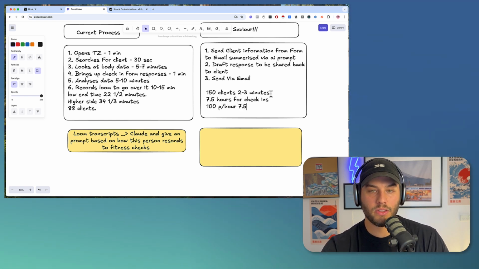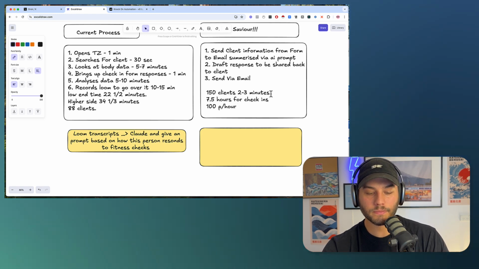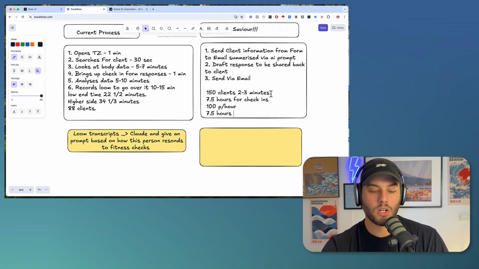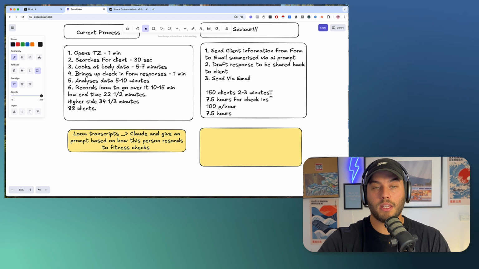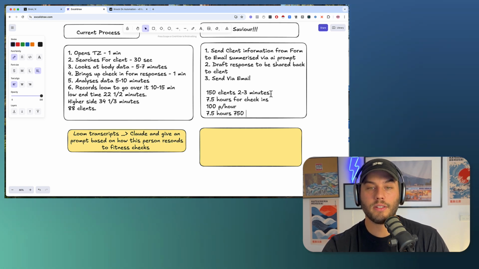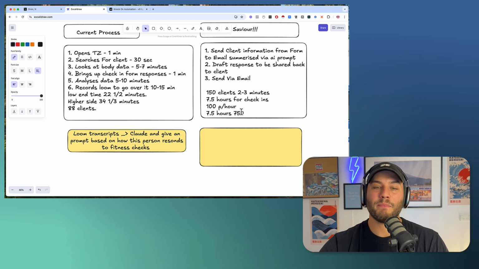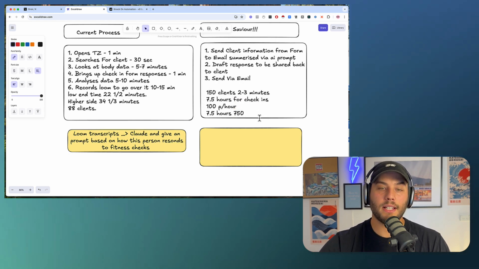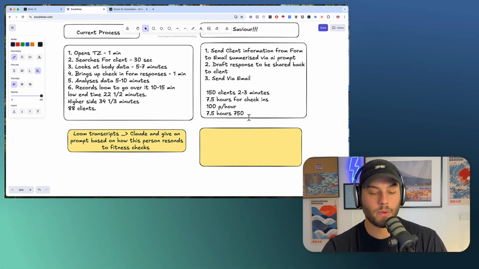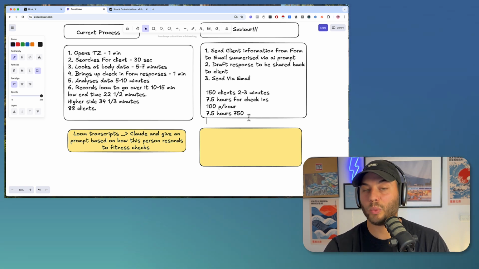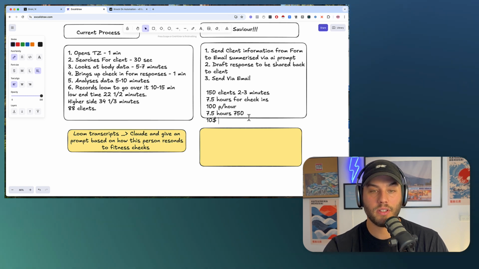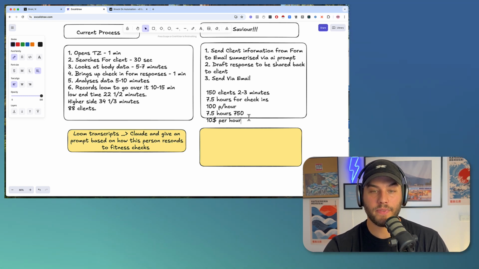So right now, 7.5 hours essentially costs them $750 to do their check-ins, right? Whereas it used to cost them a lot more. But $750 of their time to do their check-ins can be delegated to a virtual assistant for, let's say, a real modest $10 per hour.